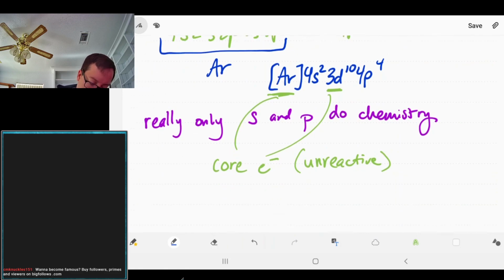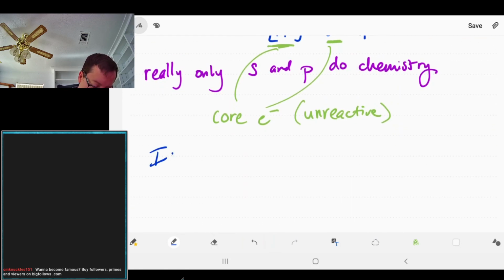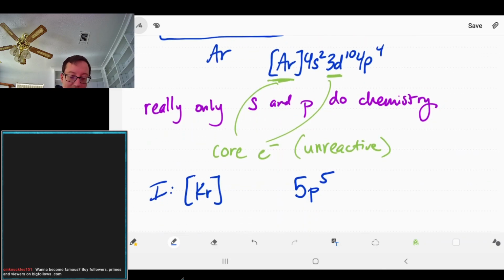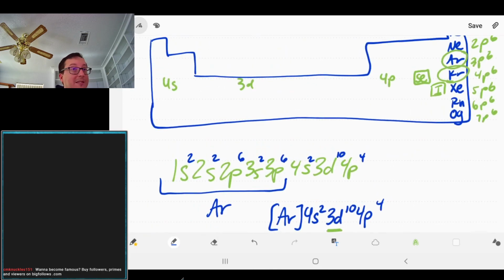We know its last electrons were 5p5. So we're only missing a little bit of our configuration. We have most of it now. Krypton takes us all the way through 4p6, so we don't need to worry about that.